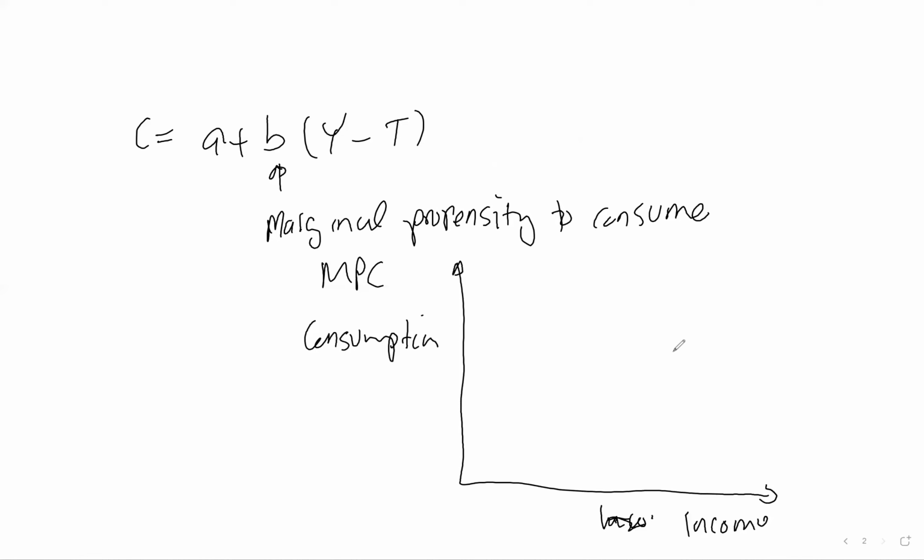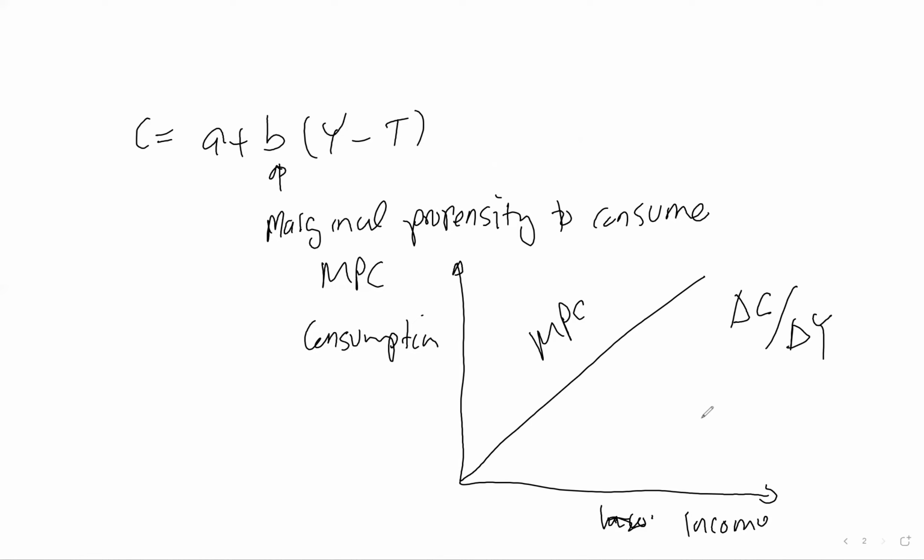So the marginal propensity to consume will be a straight line like this. Again, as I said, the marginal propensity to consume is equal to the change in consumption divided by the change in Y, in income.